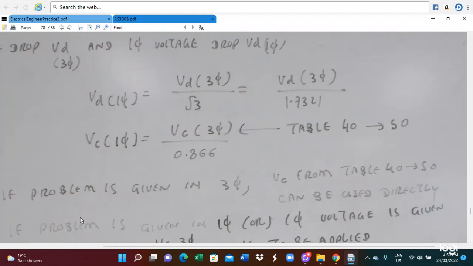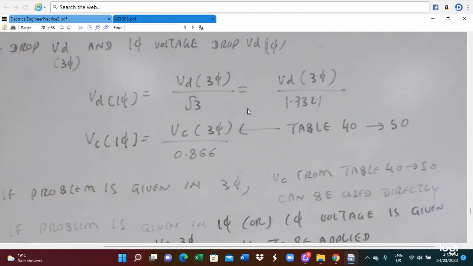So in the problem, usually you get tables 40 to 50. Those tables 40 to 50 are for the three-phase VC given. So based on the three-phase VC, if the problem is single phase, the three-phase VC can be converted to single phase VC by using this formula. And similarly, there is a single phase voltage drop and three-phase voltage drop relationship. Single phase voltage drop is the three-phase voltage drop by √3, or the single phase VC is the three-phase VC divided by 0.86.